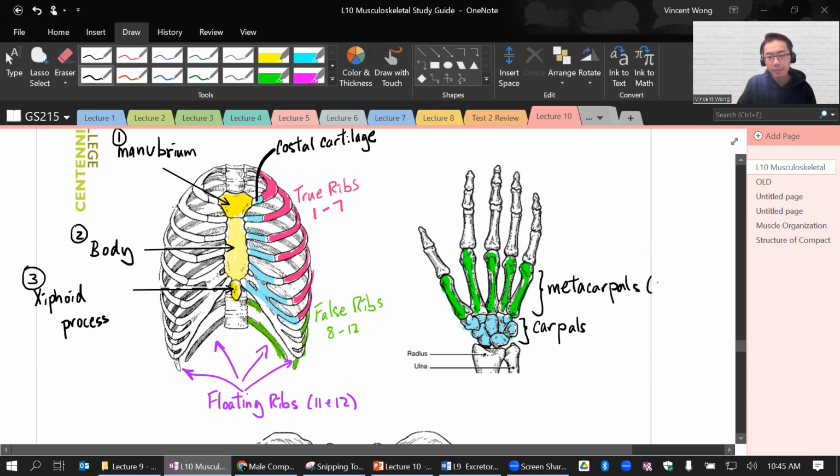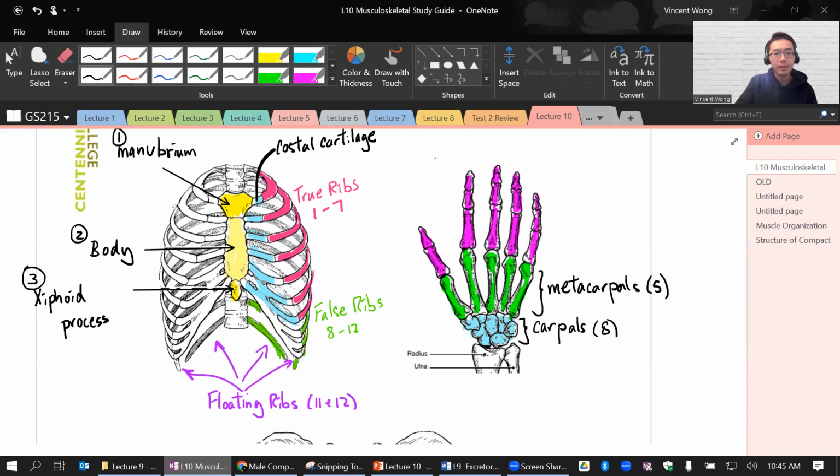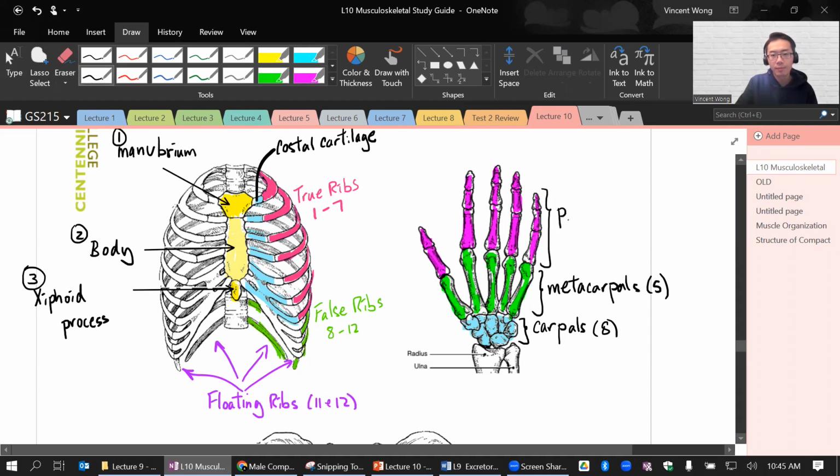Five of them. And the finger bones, the phalanges. See, 3 for these fingers, except the thumb. Proximal, distal phalanges. 14. Okay, 3, 3, 3, 3, and then 2.